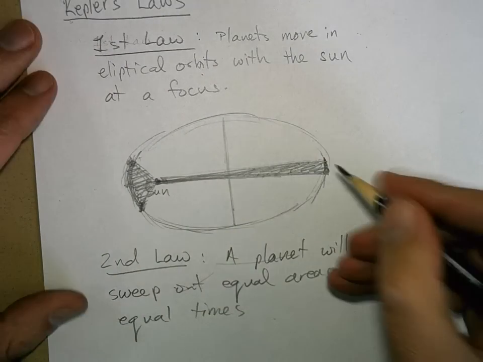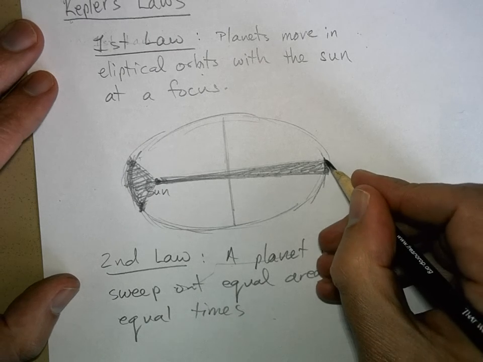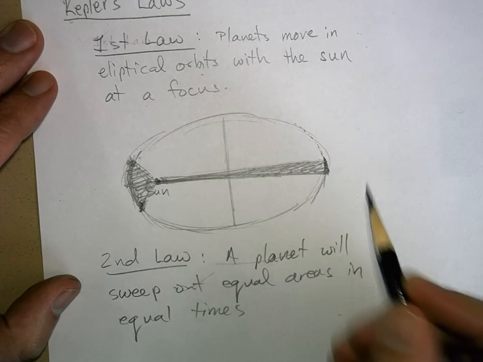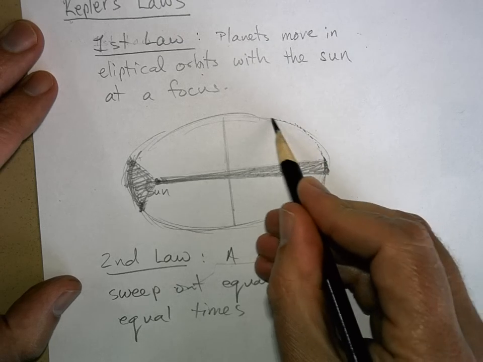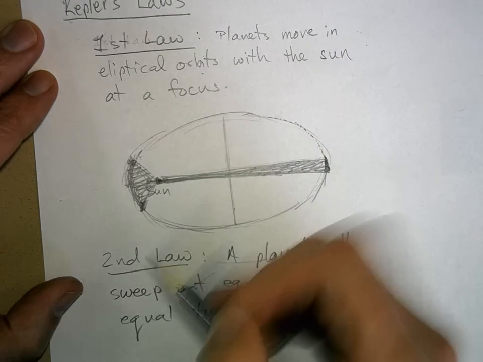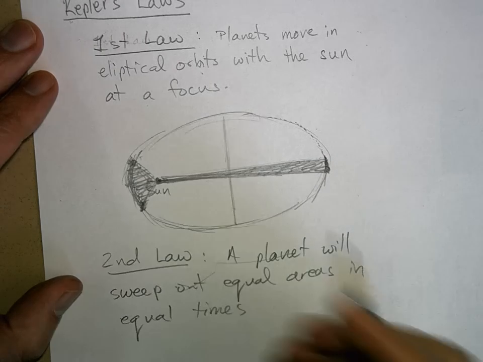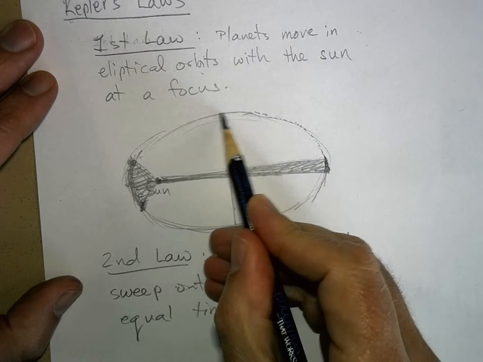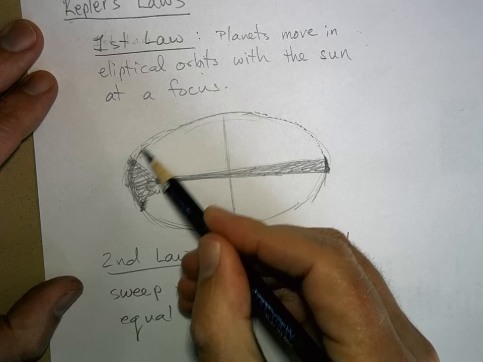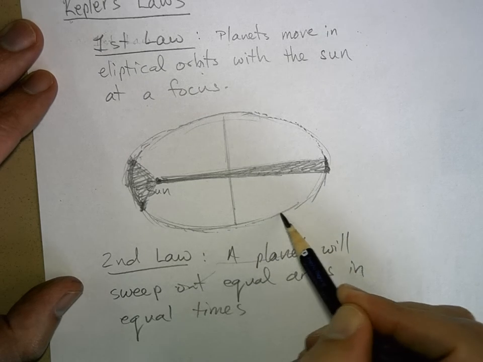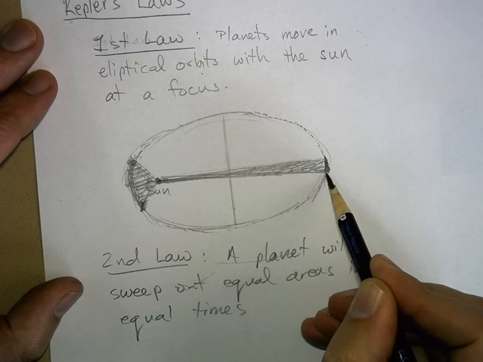Think about it conceptually. You're way out here, you're a planet, you're moving, and then all of a sudden you feel that tug of gravity and it pulls you down, but you're not in a circular orbit, so there is a component of the gravitational force that's tangential to your path that's going to make you go faster and increase your speed, and you're really hauling through here, and now the gravity is slowing you down.